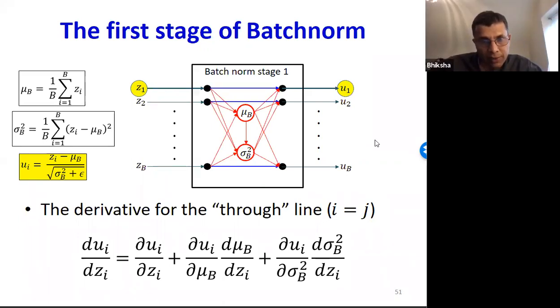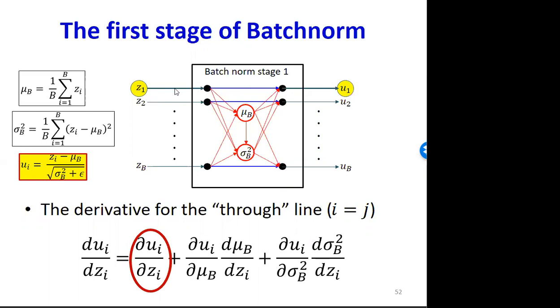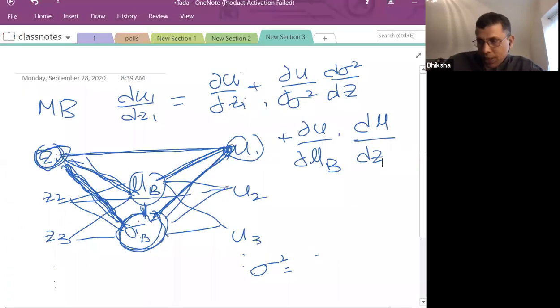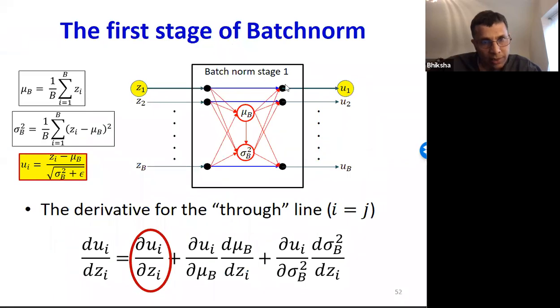So here is the complete set of derivatives, and we're going to work out every one of these terms. Let's consider this first term. Which of these three connections is this first term referring to? The direct one from z to u, right? And can you tell me what that value is going to be? Look at the formulae over here. Which of these formulae applies to compute this derivative?